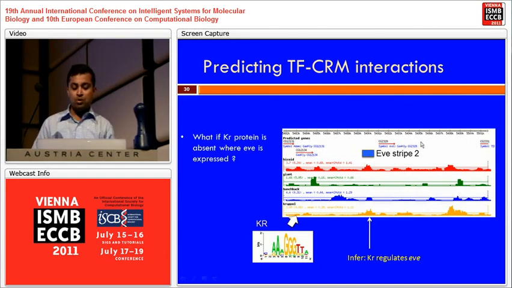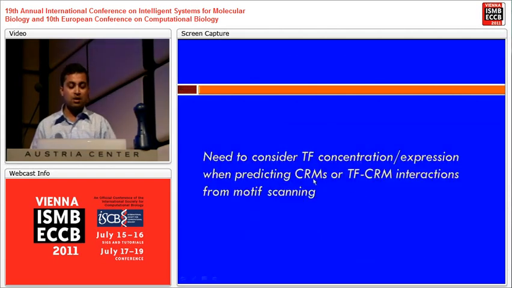But again, what if that transcription factor is not expressed where the gene is expressed? So the lesson from both of these examples is that we need to consider transcription factor concentration or expression when predicting CRMs or when predicting individual interactions between transcription factors and CRMs.